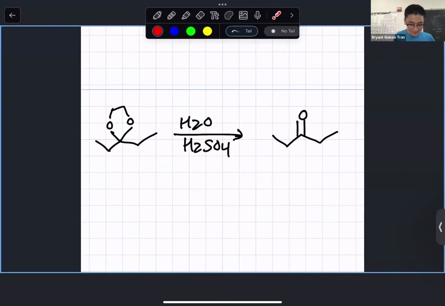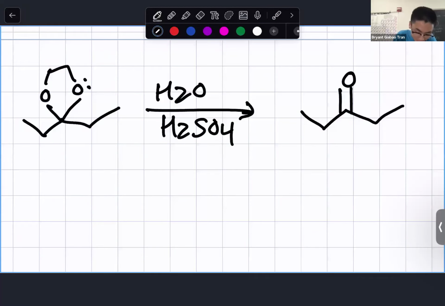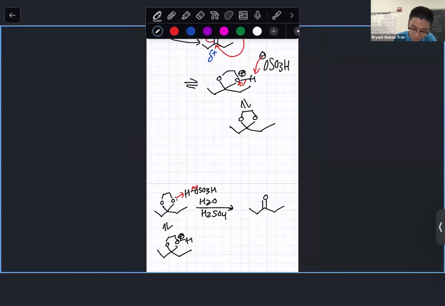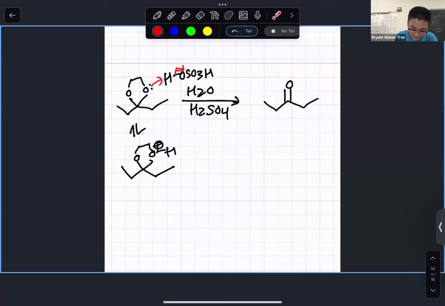Okay, so let me walk you guys through this. Strong acid, what would that do here? Protonate one of the oxygens of the cyclic acetal. And notice how we're going backwards here? Because before we had that protonated thing here. This is going backwards now.